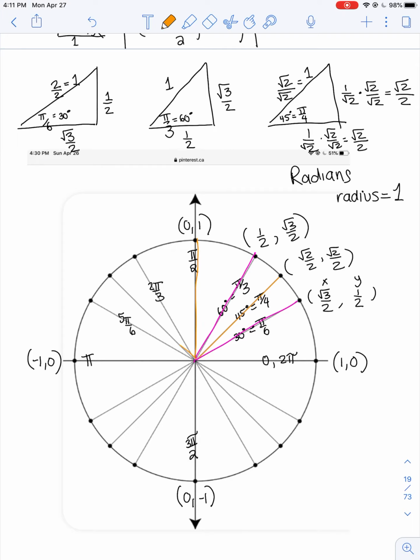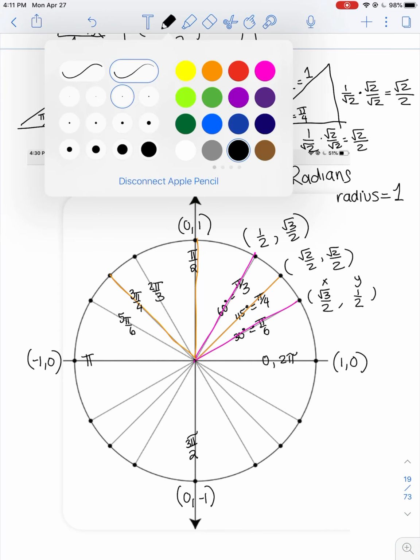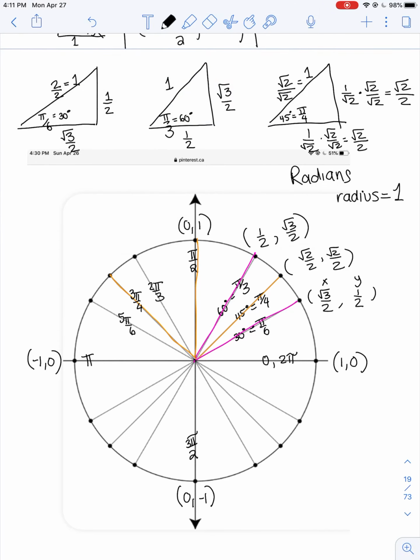This would be 2 pi over 4, which simplifies to pi over 2. This would be 3 pi over 4. So we need to fill that out there. And then finally, 4 pi over 4 would be that last part, which is pi, so we don't need to do that. So we're just filling out the rest of our triangles.